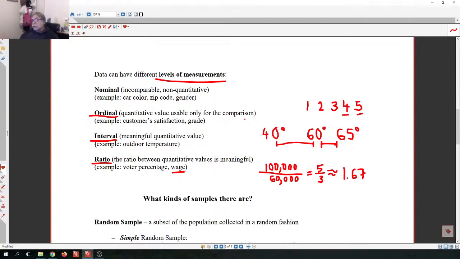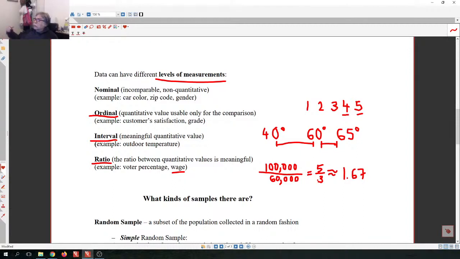Or if you divide a negative temperature by a positive temperature or vice versa, you get a negative number, and again, you really don't have any meaning to that number. So the outdoor temperature could not have a ratio level of measurement, but the income would have that. So if you're dividing two numbers, you can divide 60,000 by 100,000, and you could say that 60,000 is 40% less than 100,000, right?